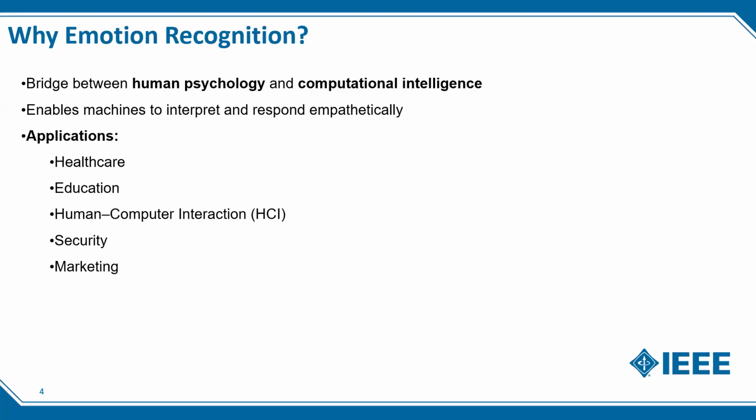Okay. And number one is in healthcare, mainly for mental health monitoring. For example, early diagnosis of neurological disorders. Similarly, these techniques can be used to see how much improvement there is in therapy and in rehabilitation schedules.